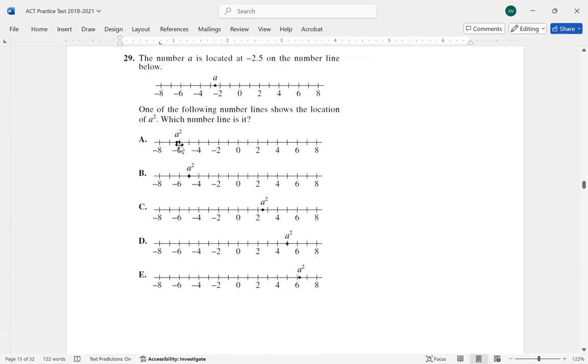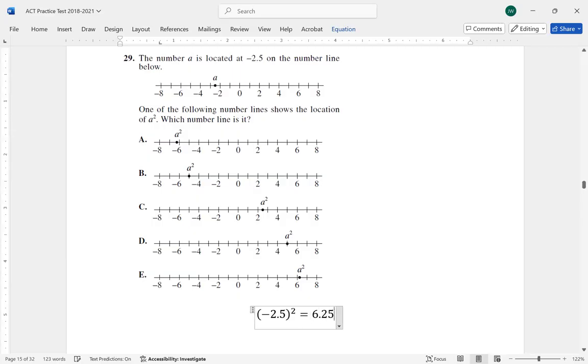Question 29. The number A is located at negative 2.5 on the number line below. One of the following number lines shows the location of A squared. Which number line is it? Well, all we have to do is take negative 2.5 and square it. Make sure the negative is on the inside.